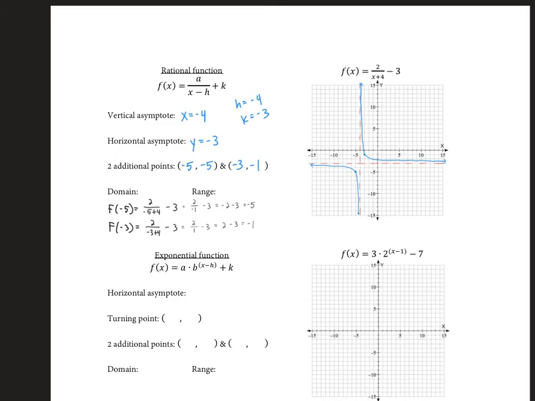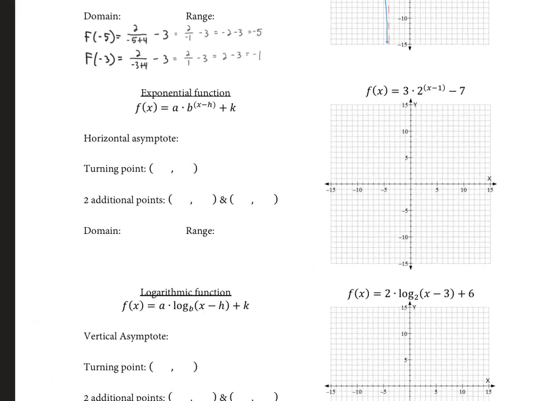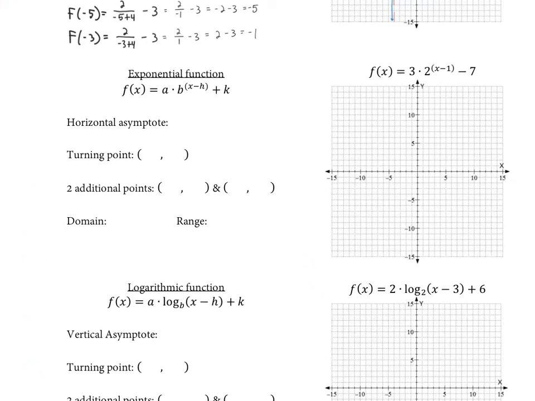Okay, next one, exponential function. h equals +1, k equals -7, okay, and then a, the thing multiplied out front, is 3. Okay, horizontal asymptote. Horizontal asymptotes are always y equals something.